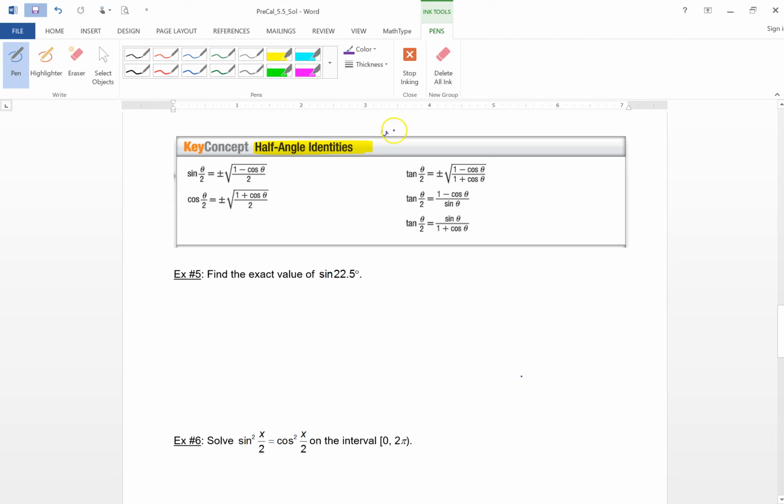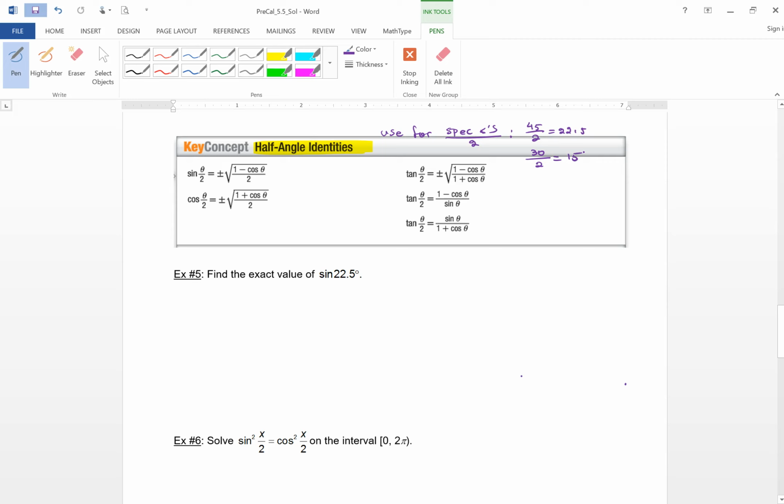So we use special angles divided by 2. For example, what's a special angle? 45 divided by 2. How much is that? 22.5. 30 divided by 2. How much is that? 15.